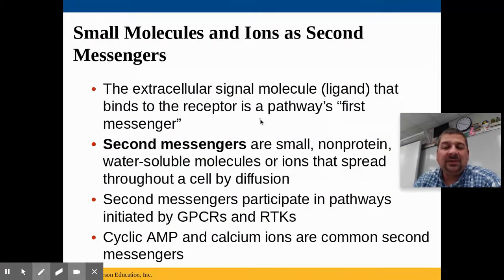Oftentimes, as part of the transduction pathway, we've got these second messengers. The first messenger is usually the ligand that's attaching to the receptor in the cell membrane.